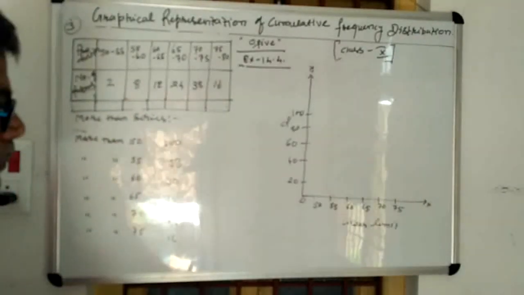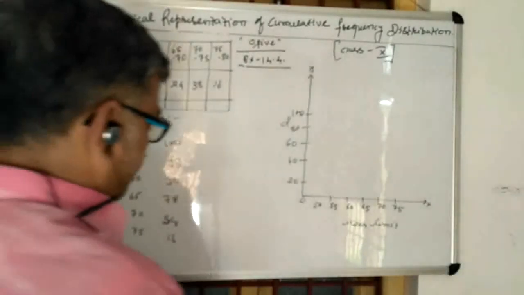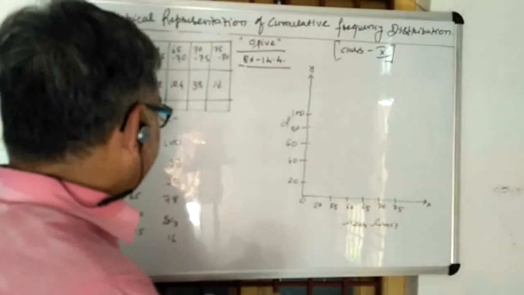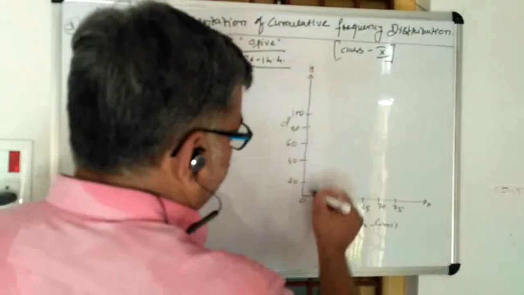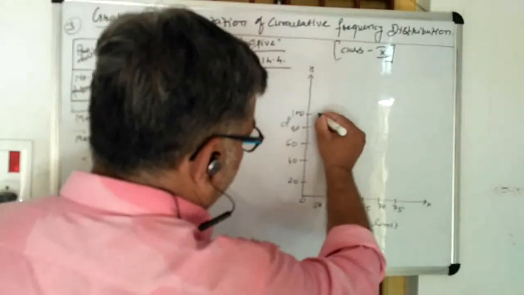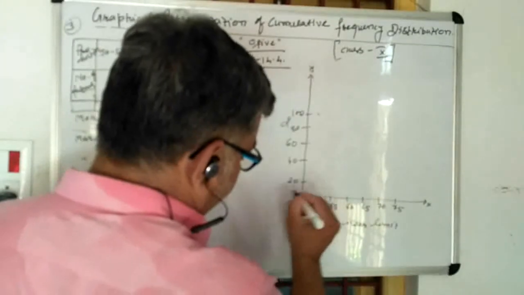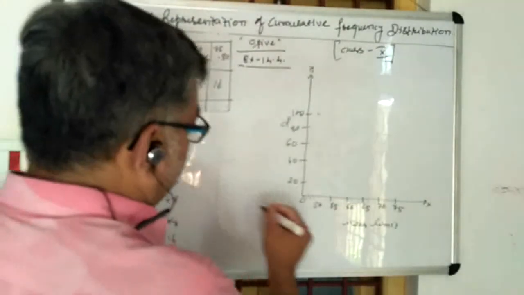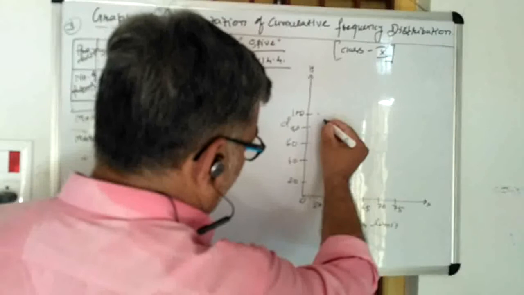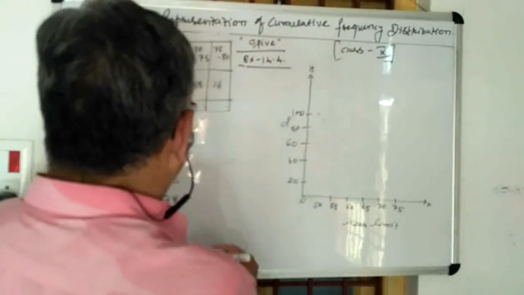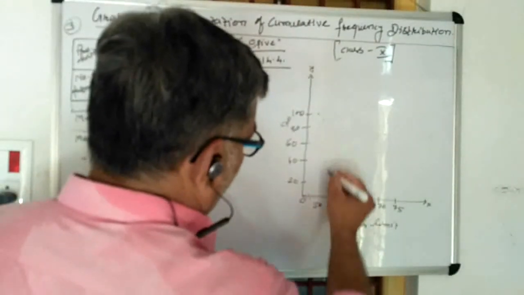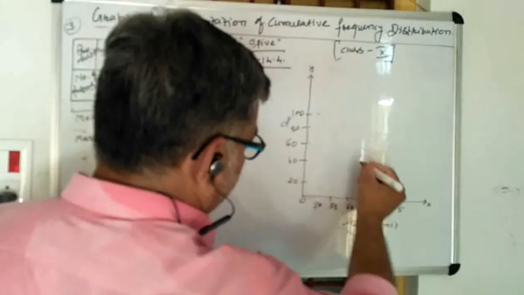Now we plot the points. So it will be more than 50. More than 50 is 100. So here it will be 100. Just put a mark here. So 100. Thereafter 98, just below it 98. Then 90, just below it.